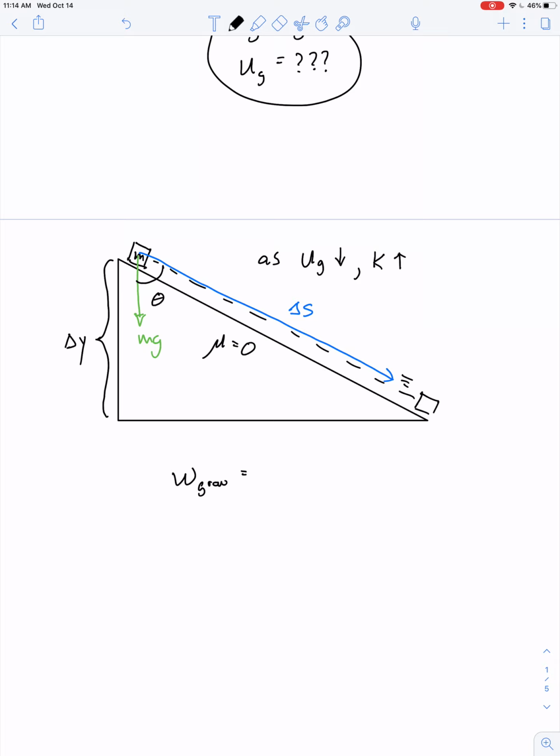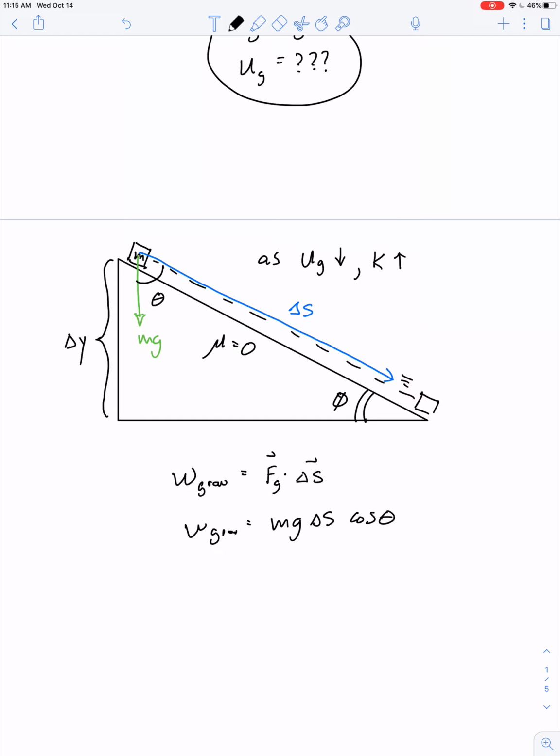Now you should recognize that this angle theta is complementary to this angle phi. Okay, so work done is the force of gravity dot product with the displacement, which means the work done by gravity is equal to mg times delta S times cosine theta.